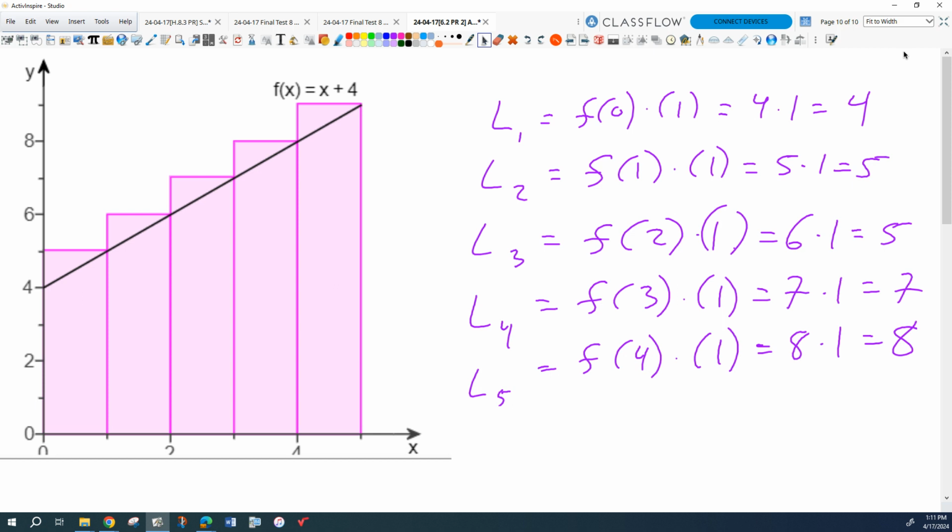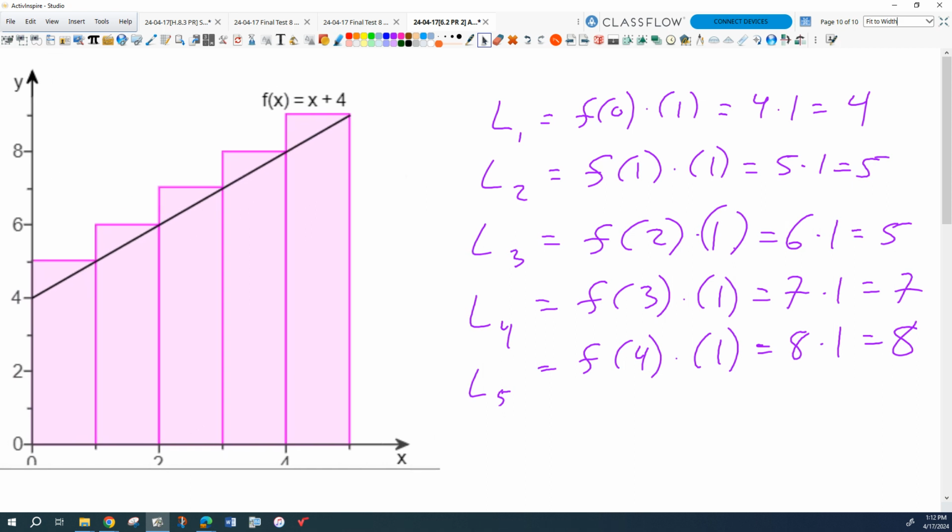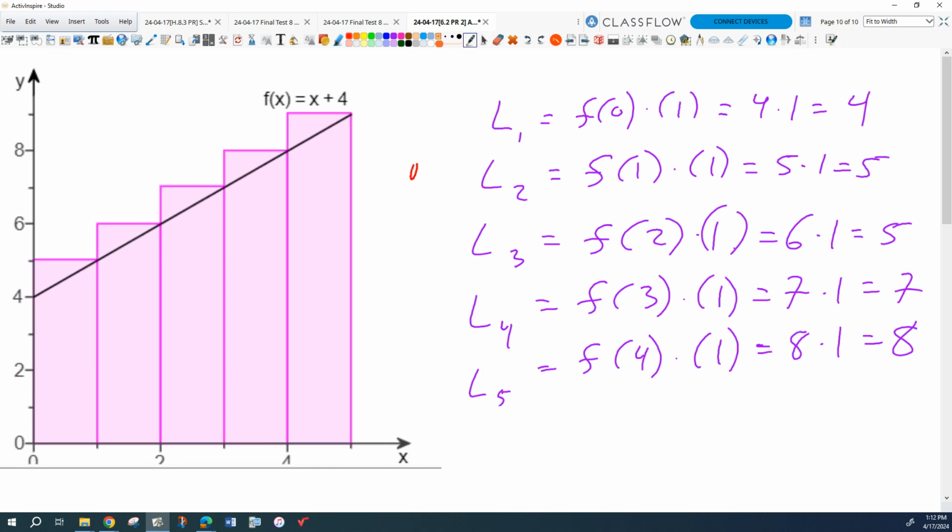Look at this. R sub 1 is L sub 2. What's R sub 2 going to be? L sub 3, right? Because the right edge of the second rectangle is the same thing as the left edge of the third. They're always going to overlap like that.